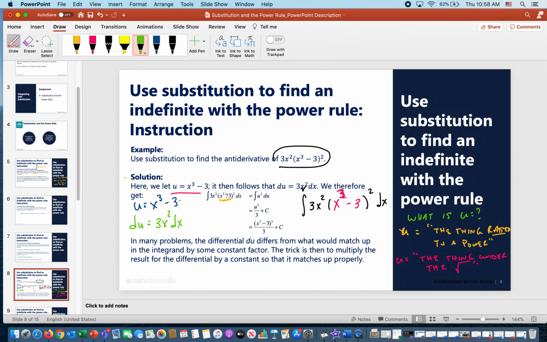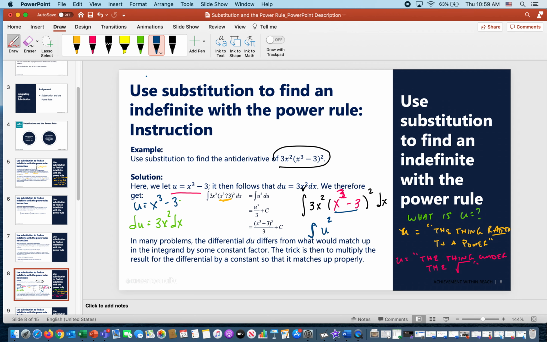So I've got to make some substitutions. And what I want you to notice is that in my problem, I have u, so u is x to the third minus 3. I have that raised to the second power. My new integral is going to be the integral of u raised to the second power.